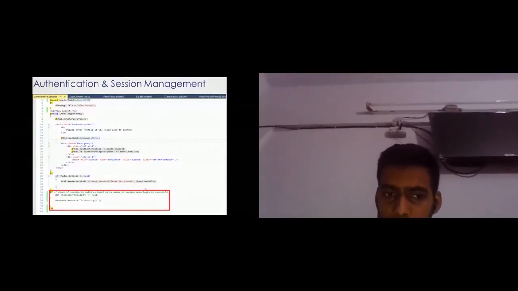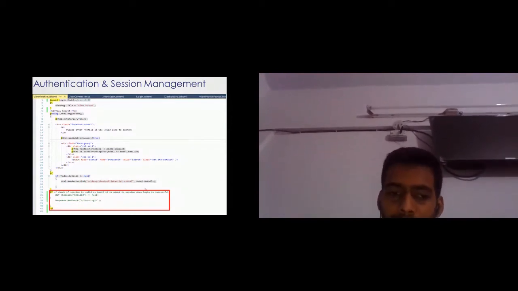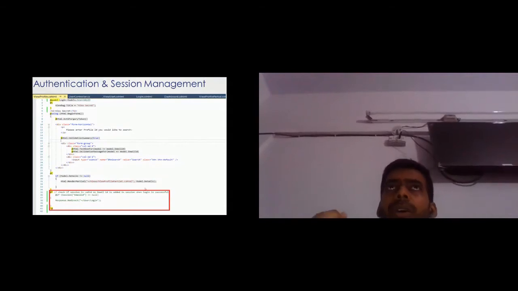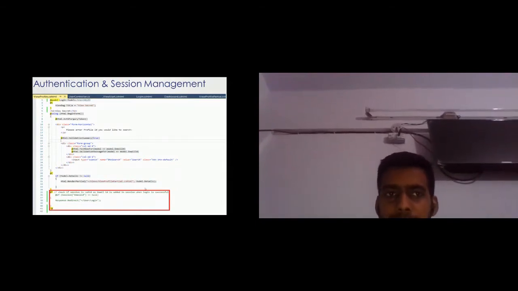With a simple check of whether the session is valid or not, we can decide: if the session is valid, proceed; if the session is invalid, we can redirect the user to provide his credentials again, so he can access this page.